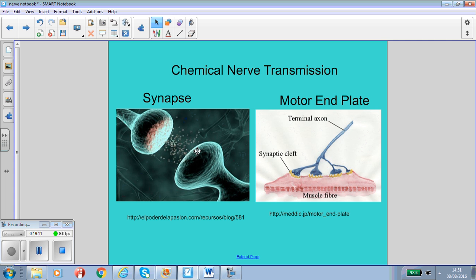When it's released in our brain, it makes us feel happiness and pleasure. And it's being released by neurons because it's passing impulse from neuron to neuron. So synapse between neurons, and motor end plate if it's the neuron meeting up with the muscle that it needs to affect.